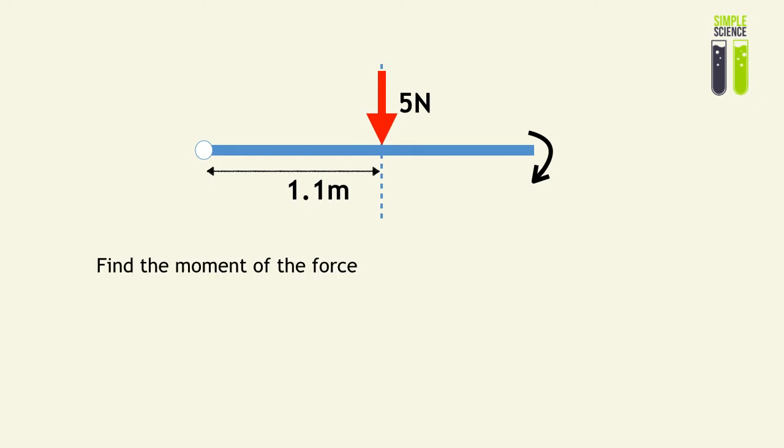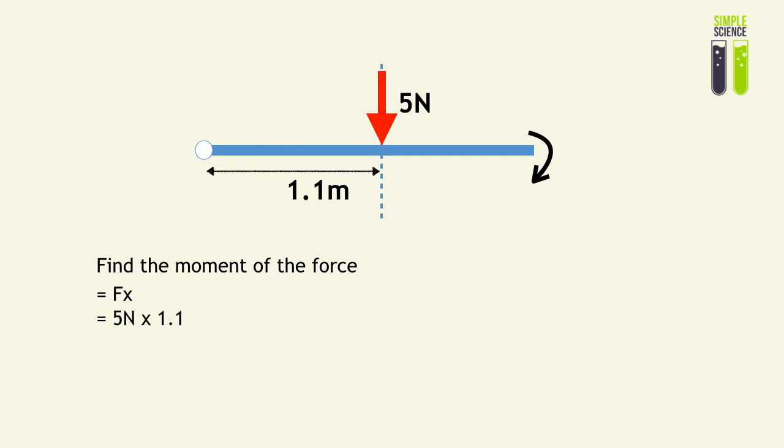A force of 5 newtons acts at a distance of 1.1 meters from the pivot. Remember, the moment of a force is equal to Fx, right? And we need to find the force and the perpendicular distance of the line of action. And this is easy because the distance of the line of action is 1.1 meters.